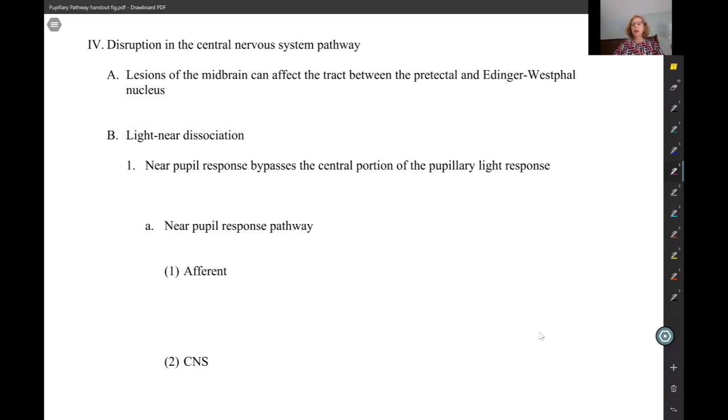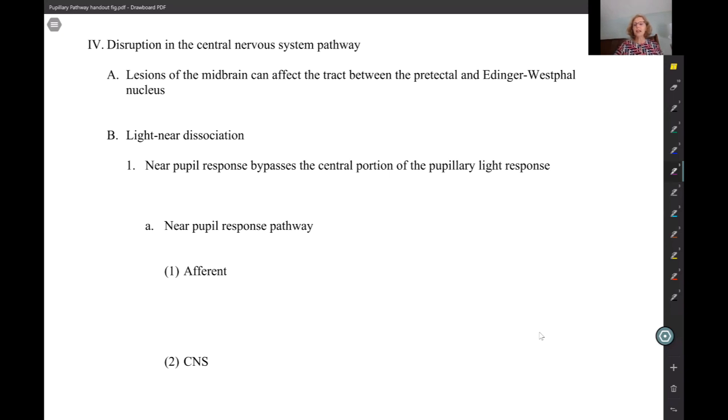Lesions of the midbrain can affect the tract between the pretectal and the Edinger-Westphal preganglionic cells, including the posterior commissure, where the fibers cross when they're traveling between the pretectal and Edinger-Westphal nuclei.